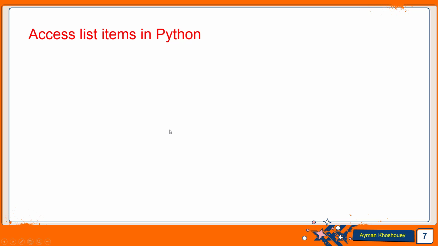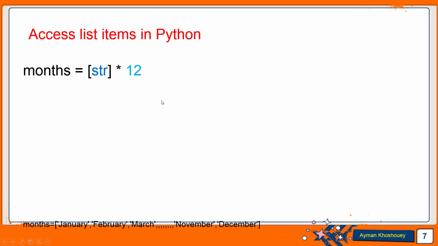How to access a list item in Python, and how a certain item is selected. If you have a list called months, it is string multiplied by 12 months.